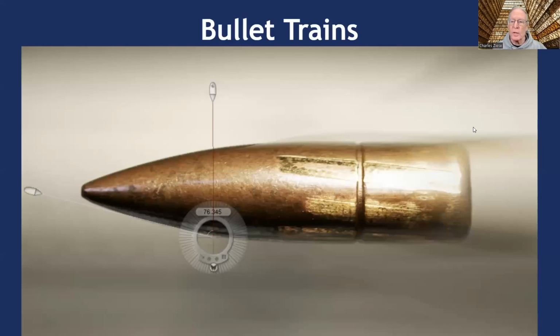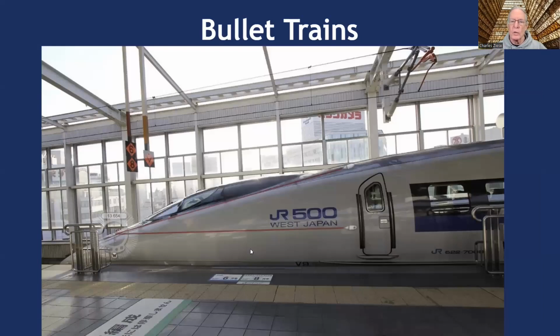Now we're going to move on to bullet trains, and I've put in a picture of the bullet so you can see why these trains are named after bullets. It's because the front of these trains, in fact, are designed virtually identically to bullets. So here's a Japanese JR500 bullet train, and you can see once again, we're not going to see this geometry on the bottom side because they want to keep the train on the tracks.